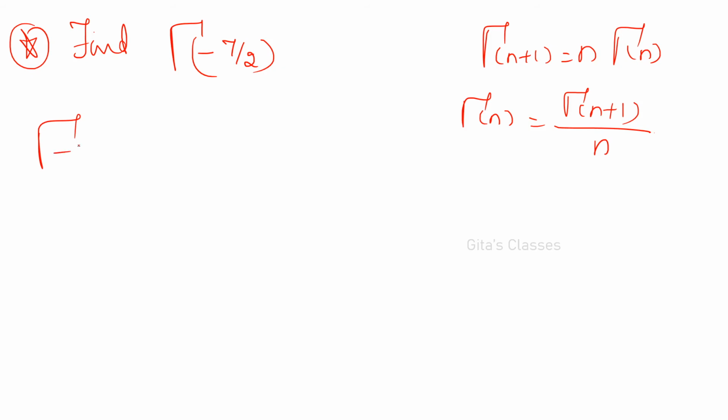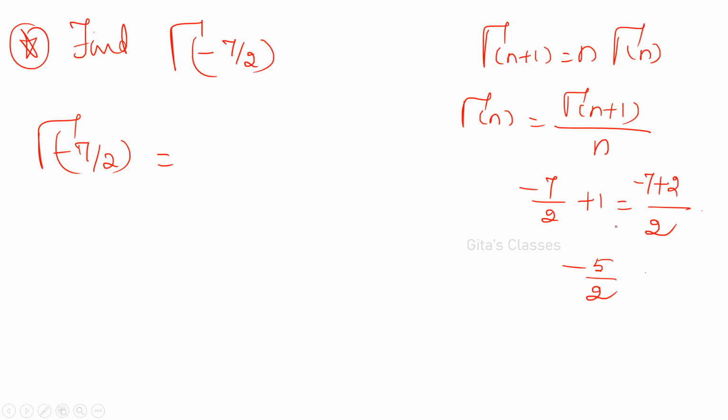So gamma of minus 7 by 2 can be written with n equal to minus 7 by 2. Minus 7 by 2 plus 1, that is minus 7 plus 2 divided by 2, that is minus 5 by 2. So I can write this as gamma of minus 5 by 2 divided by minus 7 by 2.